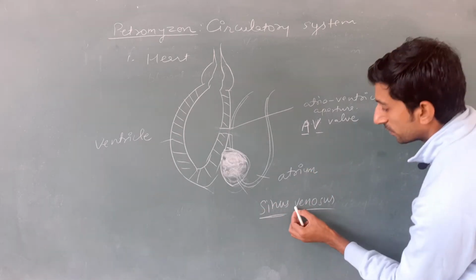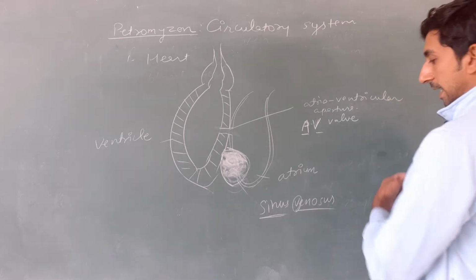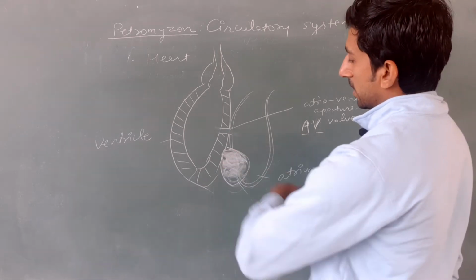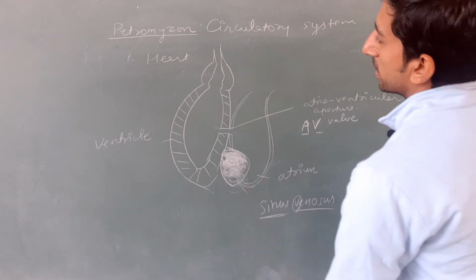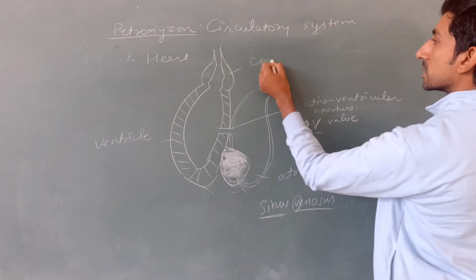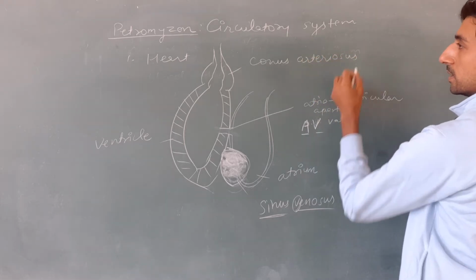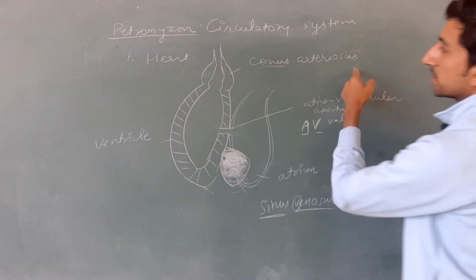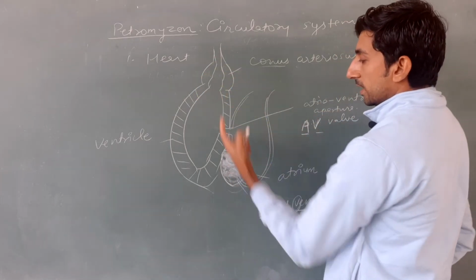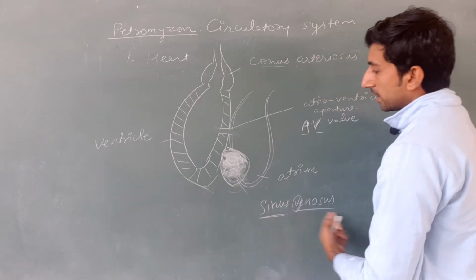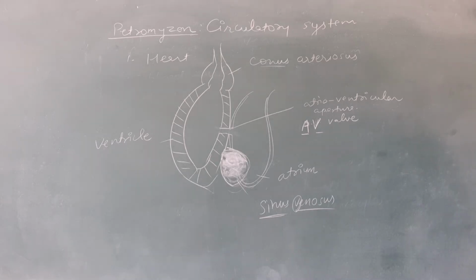Venosus pertains to vein, V for vein, that carries blood back to the heart. So this is one accessory chamber, and another one is the conus arteriosus. Conus arteriosus has a semilunar valve. It is non-contractile. The sinus venosus is also non-contractile, but the atrium and ventricle, these two chambers, are contractile.